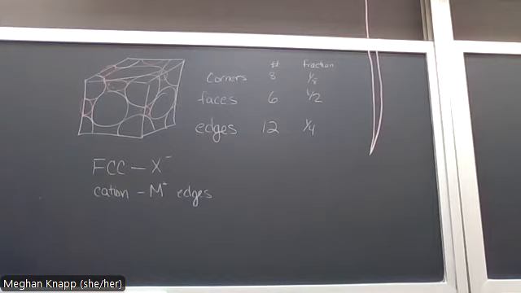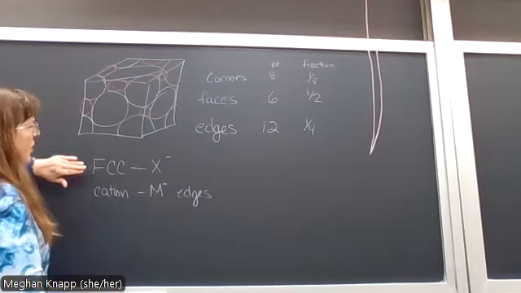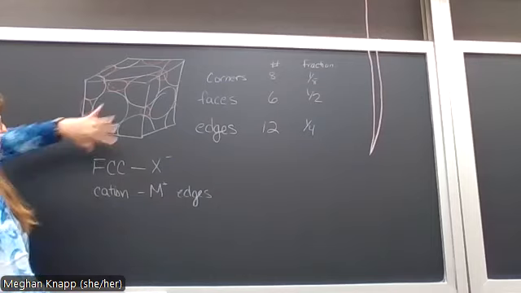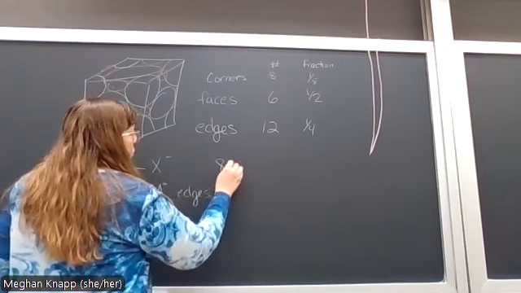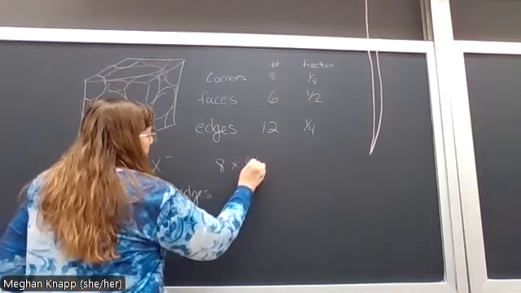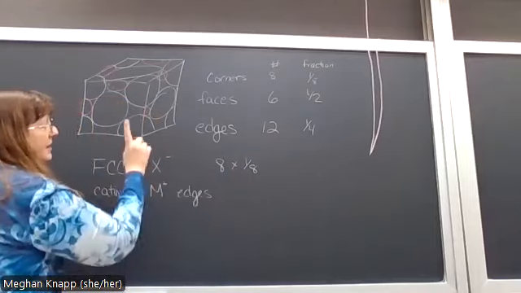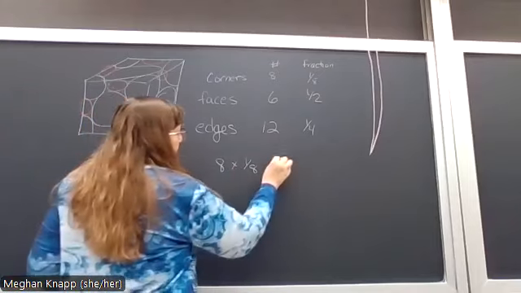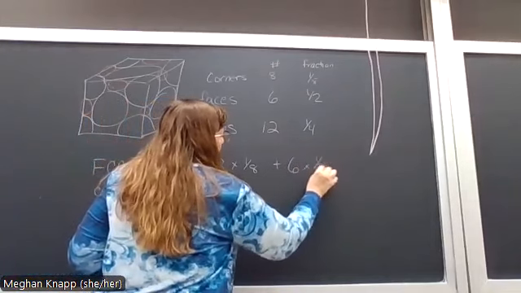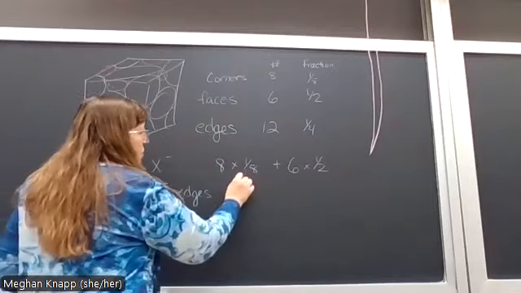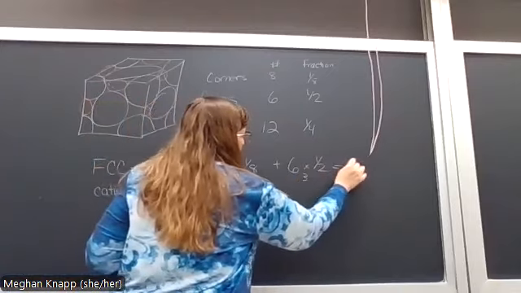Do you remember how many are in face-centered cubic? All right, it's a good chance to go over this again. If the anion is forming this face-centered cube, it has 8 atoms at the corners times 1/8, and it has 6 faces with 1/2 at each face. So this is 1, and this is 3.